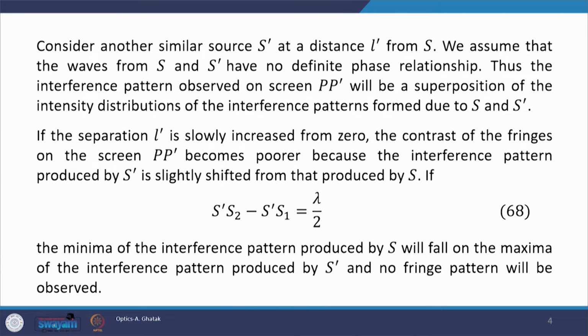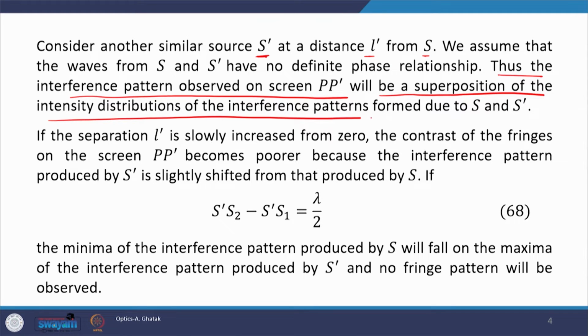Now, the next source, which we name S prime, is at a distance L prime from S. For this particular source, we assume that it does not have any definite phase relationship with source S. It means S and S prime are incoherent. Therefore, the interference pattern observed on the screen will be a superposition of the intensity distributions of the interference patterns formed due to S and S prime individually.